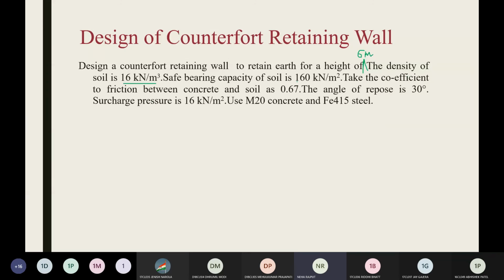Safe bearing capacity is 160 kN per meter square. Coefficient of friction is 0.67. Angle of repose is 30 degree. Surcharge pressure is 16 kN per meter square. So here you are going to find the surcharge pressure also, and the total pressure you are going to consider for the design. Use M20 and Fe415 steel.